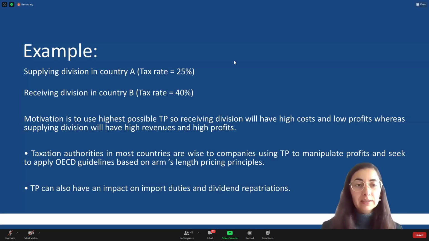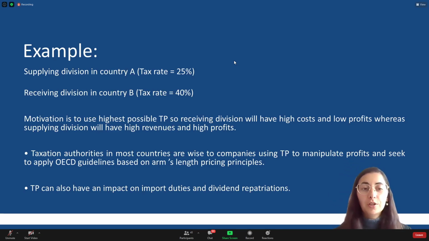So we have here these examples. We have the supplying division in country A with a tax rate of 25%, and the receiving division in country B with a tax rate of 40%.